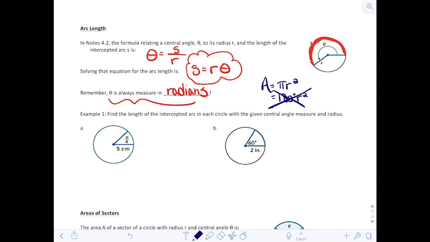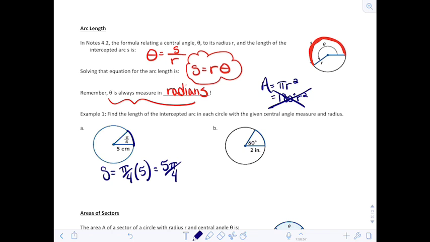Okay, so to find the length of the intercepted arc in each circle with the given central angle measure and radius, in A, we have a radius of 5 and a theta value of pi over 4. So very simply, if we want this arc length, we have pi over 4, which is theta, times the radius of 5, so that would be 5 pi over 4.